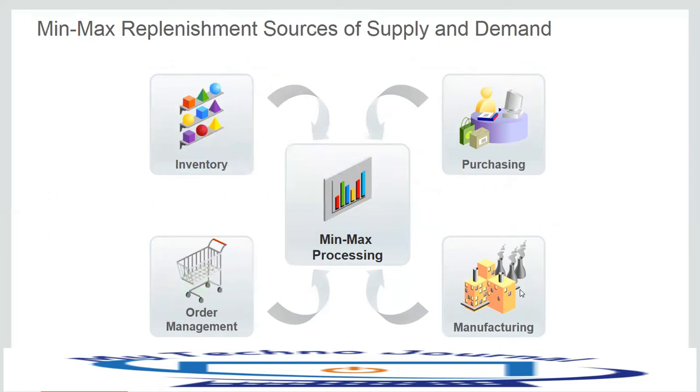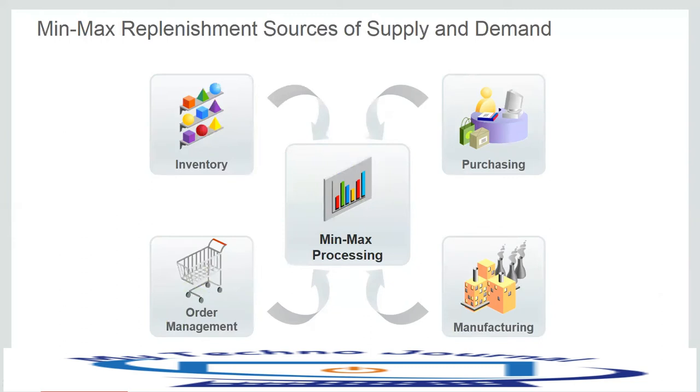Additional considerations: the Minmax replenishment processing uses the current on-hand balance in the inventory. In addition, there are optional features that allow you to view the on-hand and on-order balances that affect supplies and demand. On-order balances can be impacted by orders in inventory, purchasing, order management, and manufacturing.